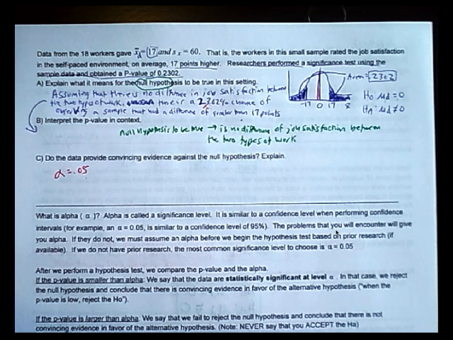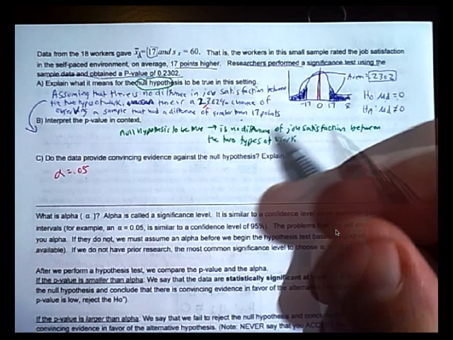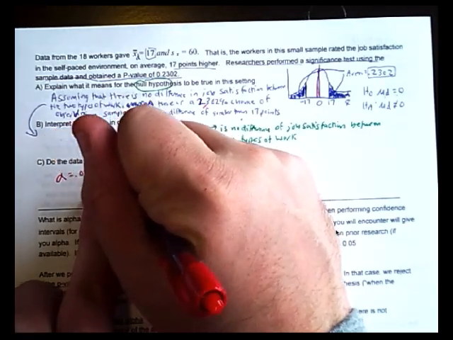That's a really low probability. So we usually set our alpha at 0.05. In some cases, some alphas are 0.01. You need a lot of evidence to reject the null hypothesis. Okay, so I would say something like this.